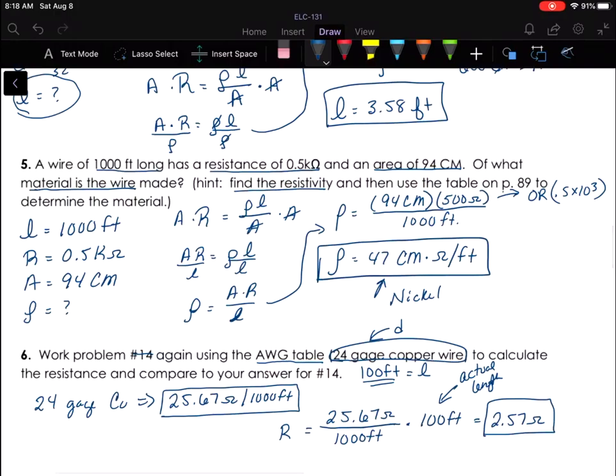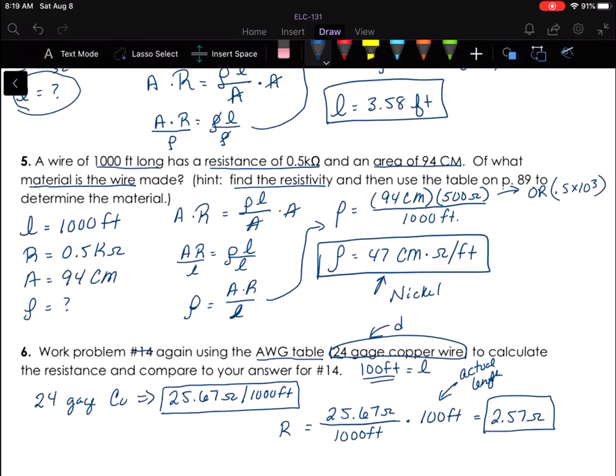That's really the quicker way that we would probably calculate the resistance of a wire, given that it's a copper wire, that it's a single strand, and that we know the gauge of the wire. So go back over this video if you need to practice with this again, and we'll move on to reading resistors next.